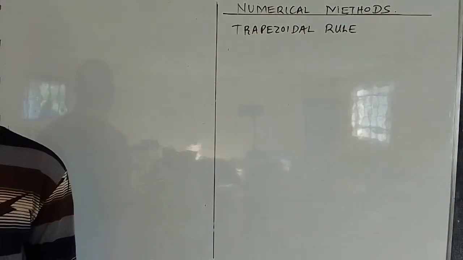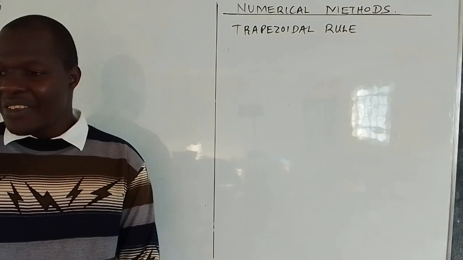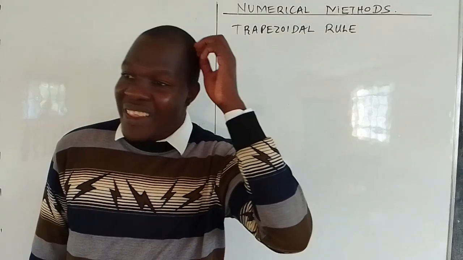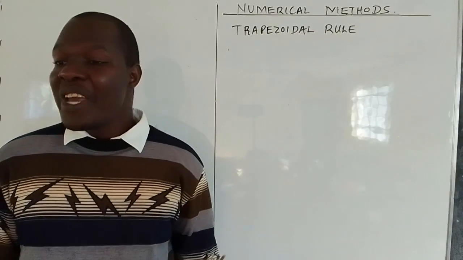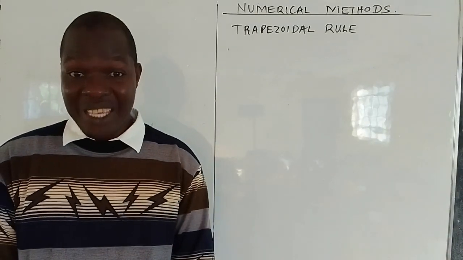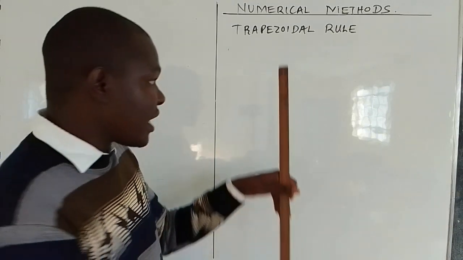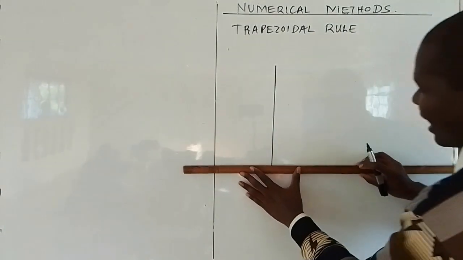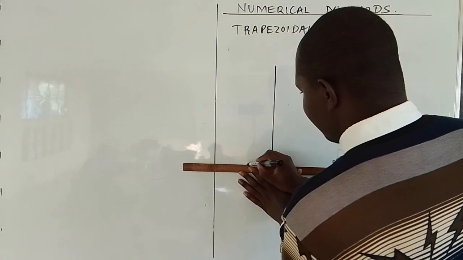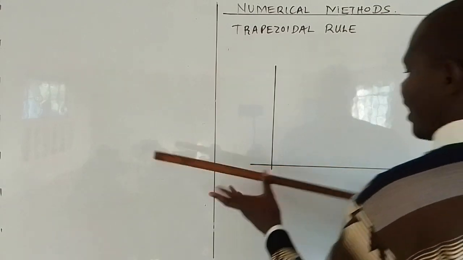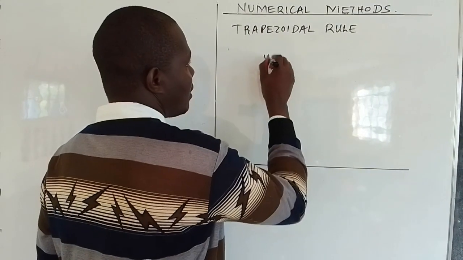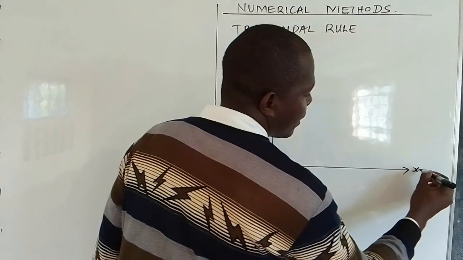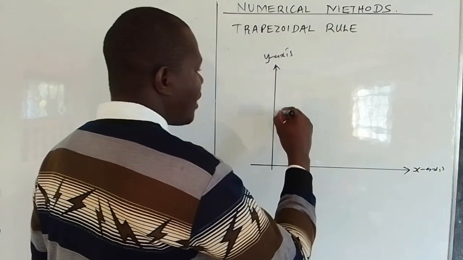Now, just like in the mid-ordinate rule, before you even identify the rule you are dealing with, you have to know how many strips you want to use, isn't it? So if this is my Cartesian coordinate system, the xy plane, that is the y-axis, the x-axis, and this is the curve.